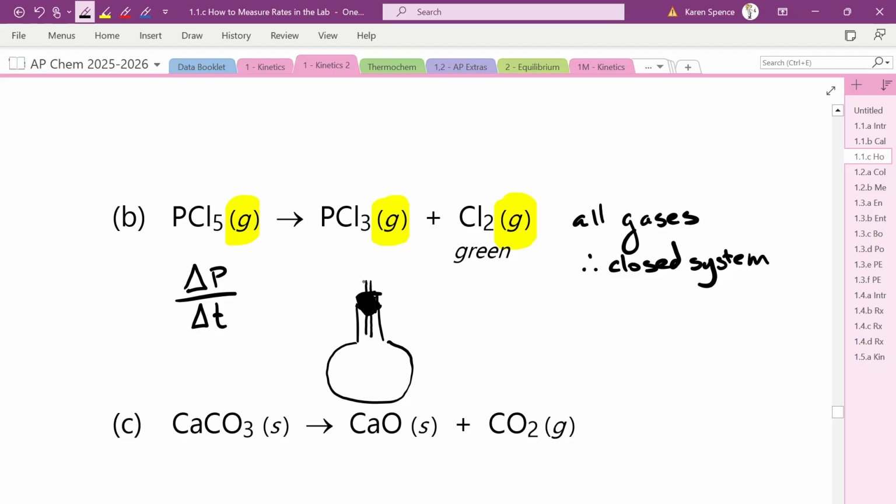I would presume I would start with this pinched off or something like that. I would have like a little clip, and as soon as I put everything in there, I'd open it up so that when we start producing more gas, I would have it attached to a syringe.